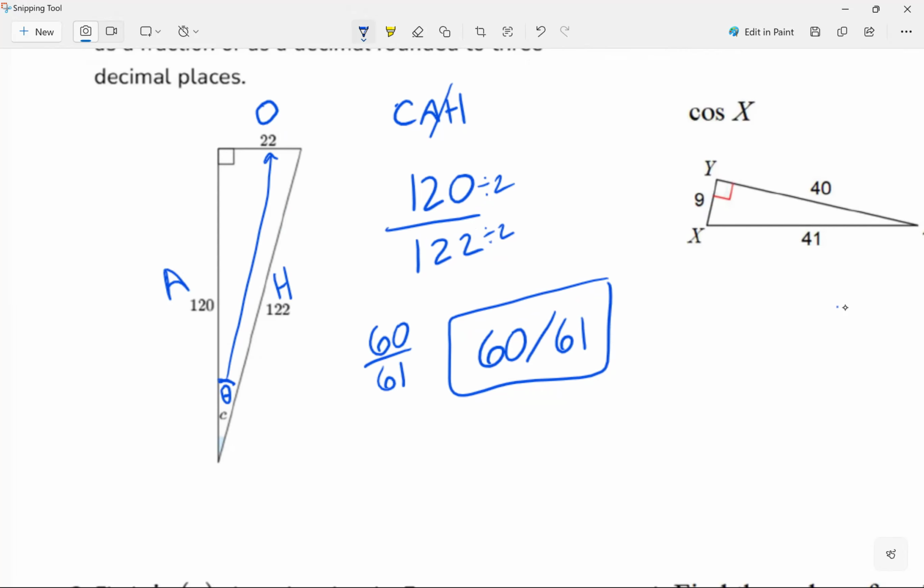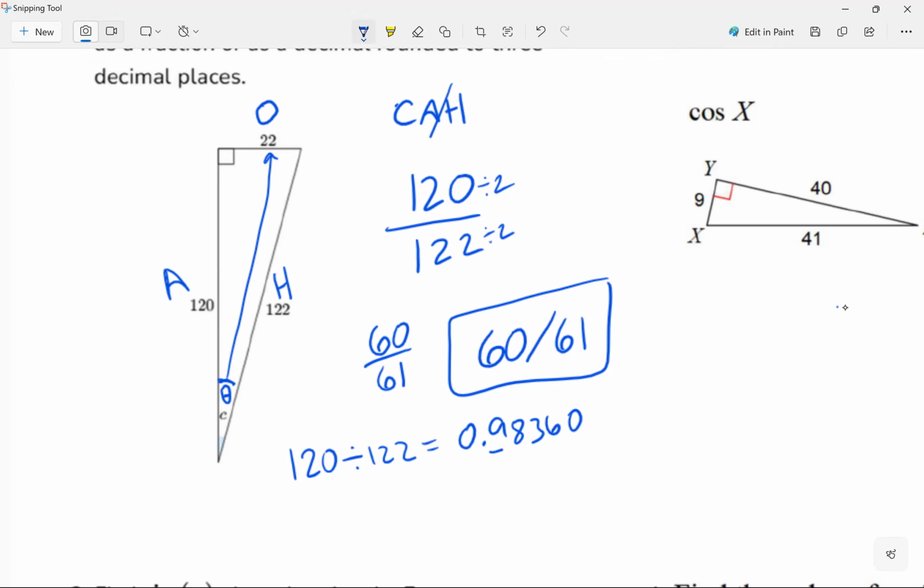120 divided by 122. If you simplify, 60 divided by 61 is the same thing. I'm going to go 120 divided by 122. I'm going to round it to three decimal places, because when I do this on my calculator, 120 divided by 122 gives me 0.98360 and other numbers.